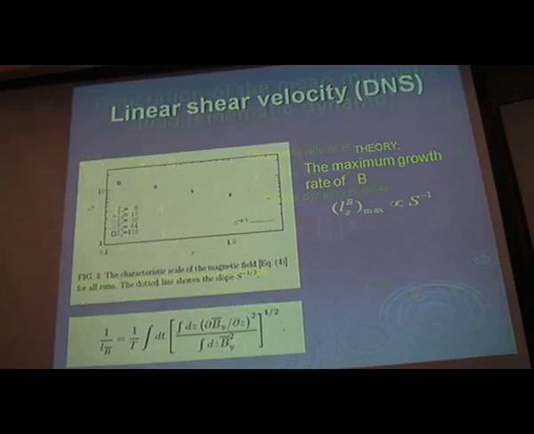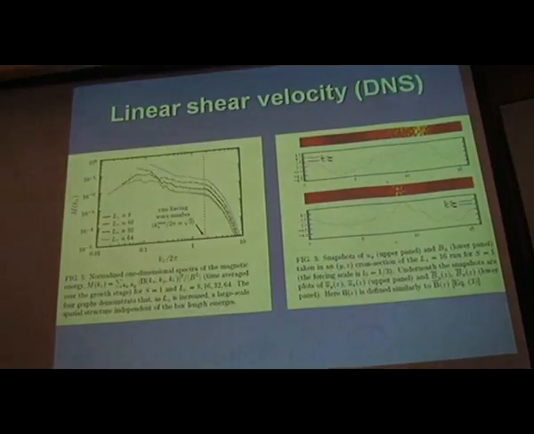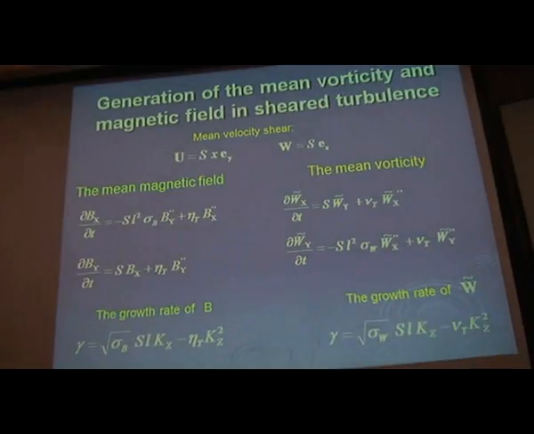Similarly, for the vorticity in this setup, by should be larger than bx. And for the perturbations of vorticity, the x component should be larger than the y component. This is what we observe in numerical simulations.